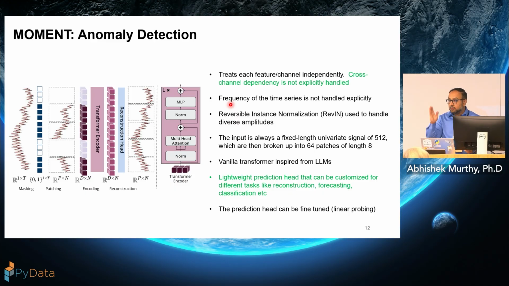You can just fine tune the final layer to your task, instead of training the entire set of weights. That's the idea of modularizing it and giving you this prediction head. And we'll be specifically interested in the reconstruction head in just a sec, right? And yeah, this model is available from Hugging Face, and you can start using it from the get-go.